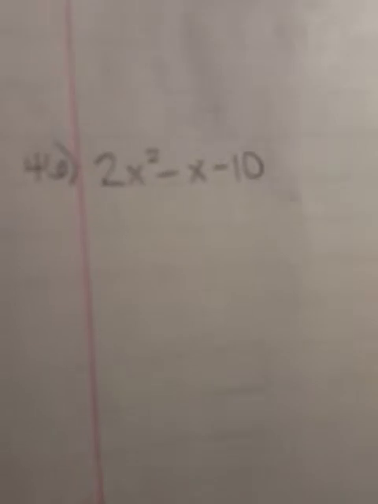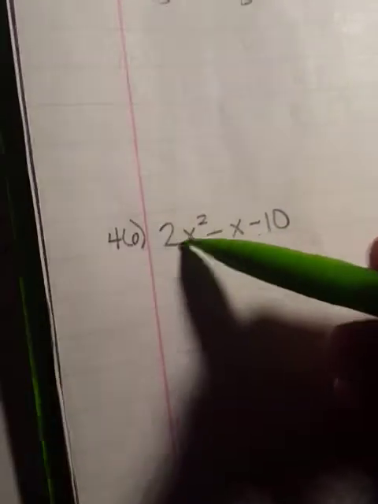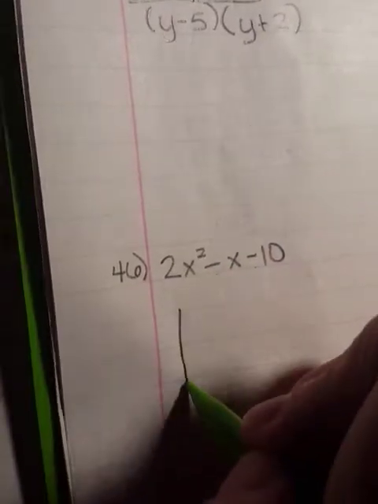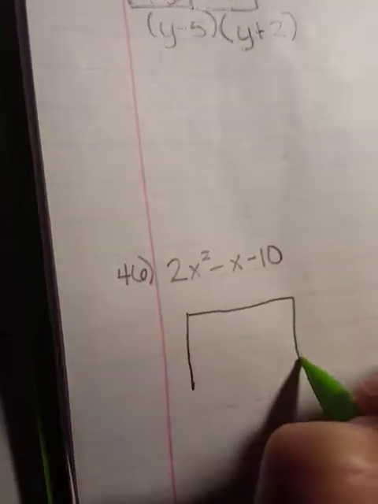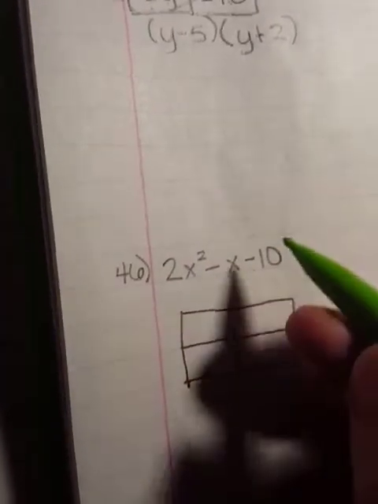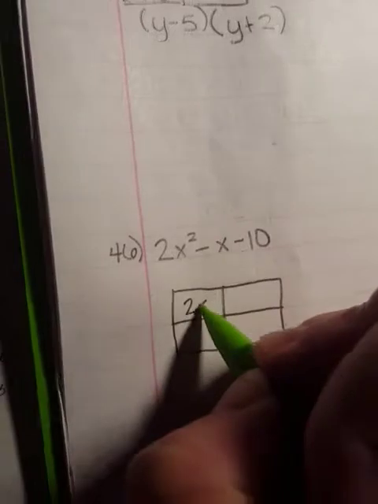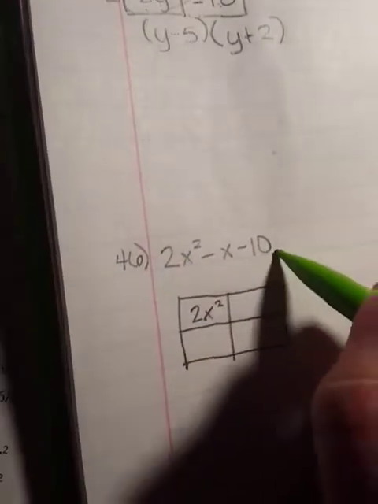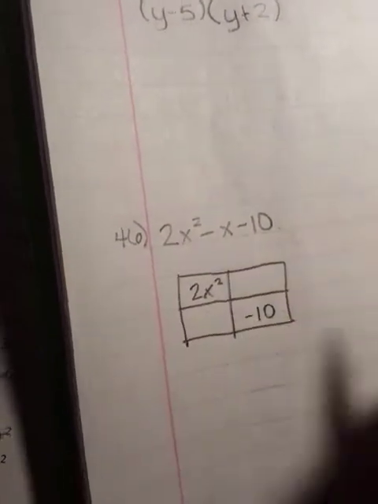Okay, so for number 46, we have 2x squared minus x minus 10. We can't factor anything out ahead of time because they don't all have something alike in terms, so we are going to go ahead and create our box. Our first box is going to be 2x squared, and our last box is going to be minus 10.